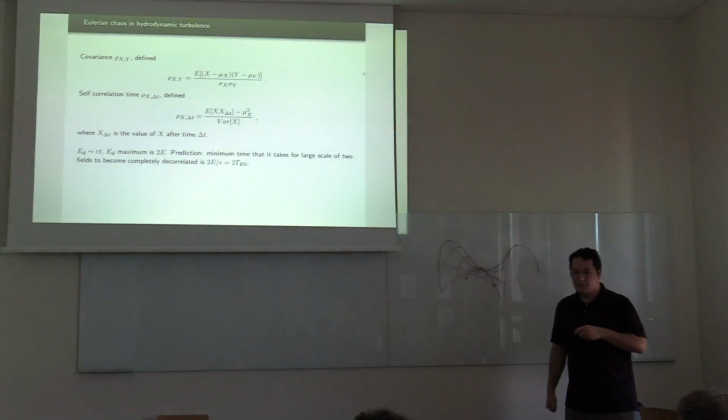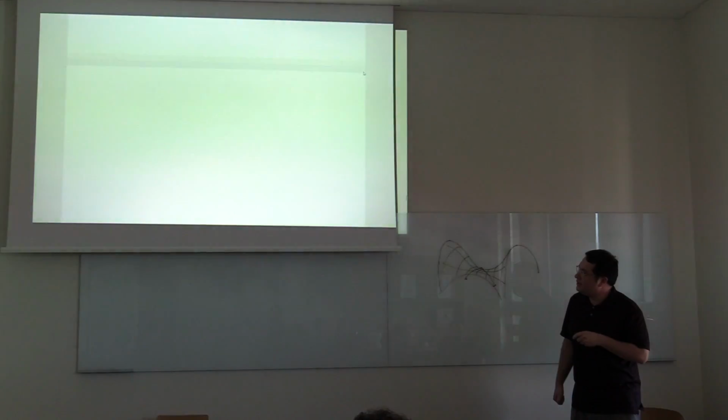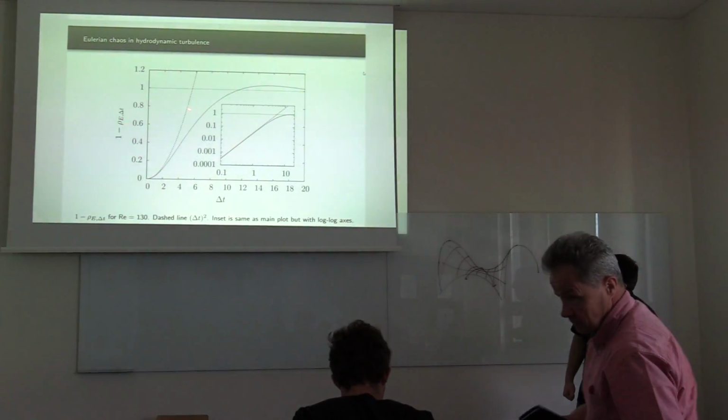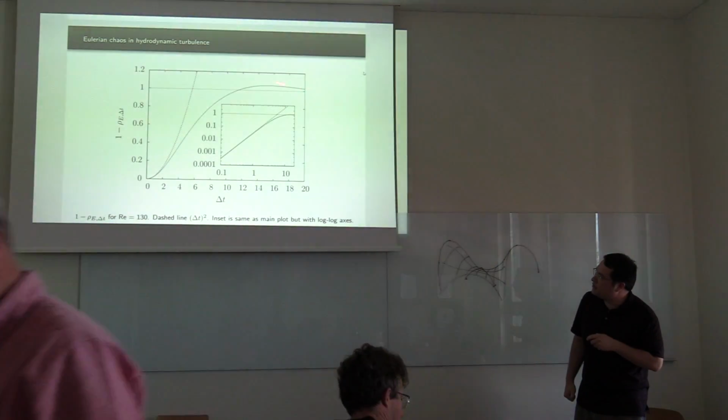Okay, so we measure this for a large system, and what we find is that if you put 1 minus the self-correlation in time at 1, they should become decorrelated.